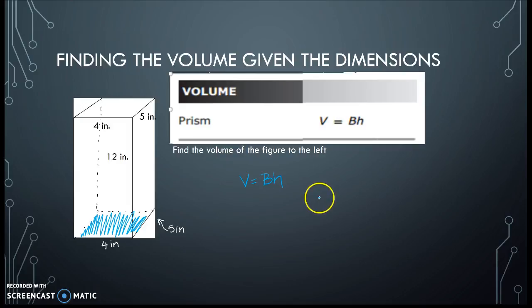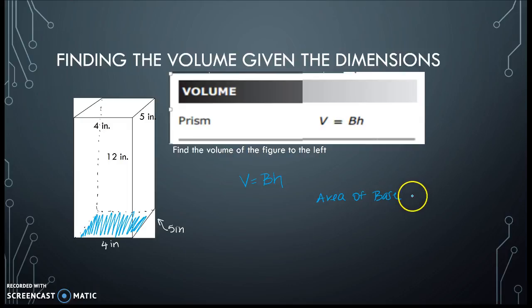So off to the right, I have to find the area of the base. So in this case, what shape is our base? Well, our base is a rectangle, right? Because we're doing a rectangular prism. So prisms and things are named based on their base.